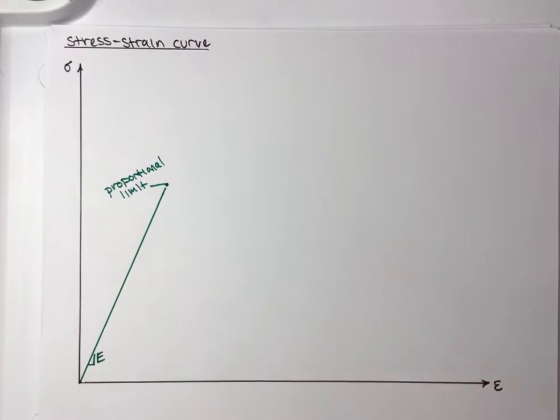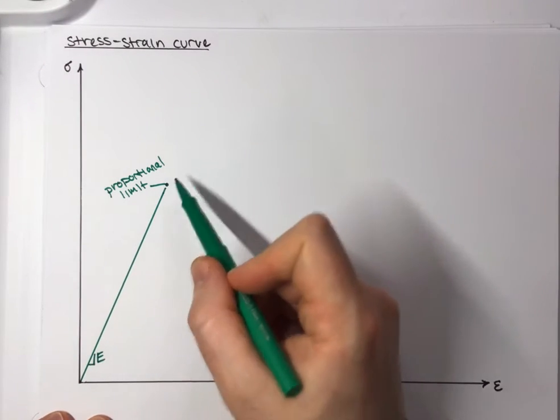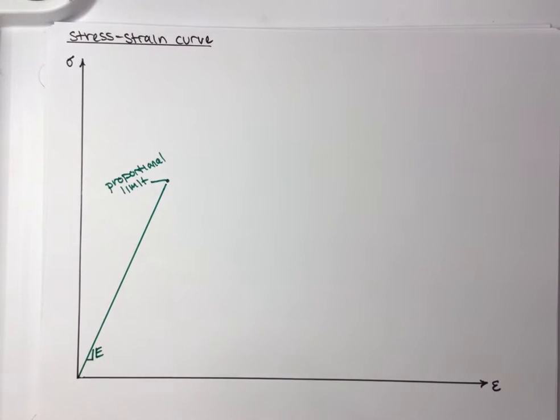Okay, and at the proportional limit, of course, we are no longer able to use our nice relationship of the elastic modulus. So up until the proportional limit, we're okay, we're good. We can use the elastic modulus to relate strain to stress. After that, you'll see we have some issues.